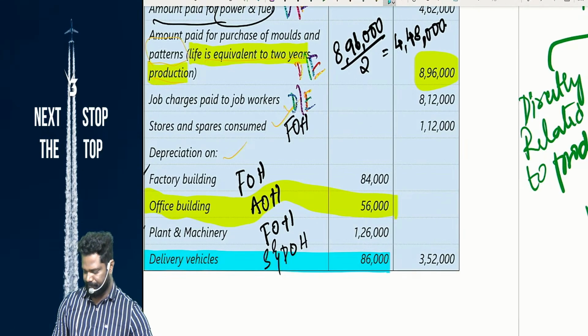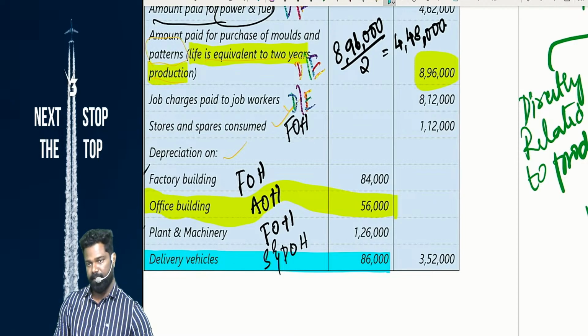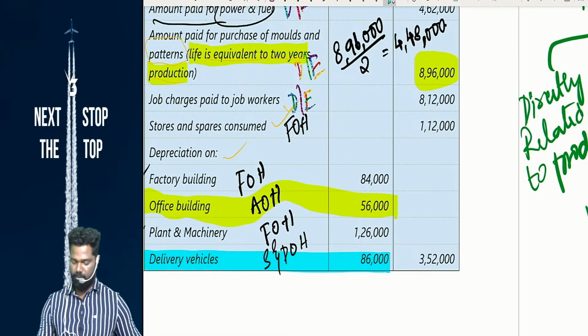Let me check once. 90,000. Check once. Okay, no problem.